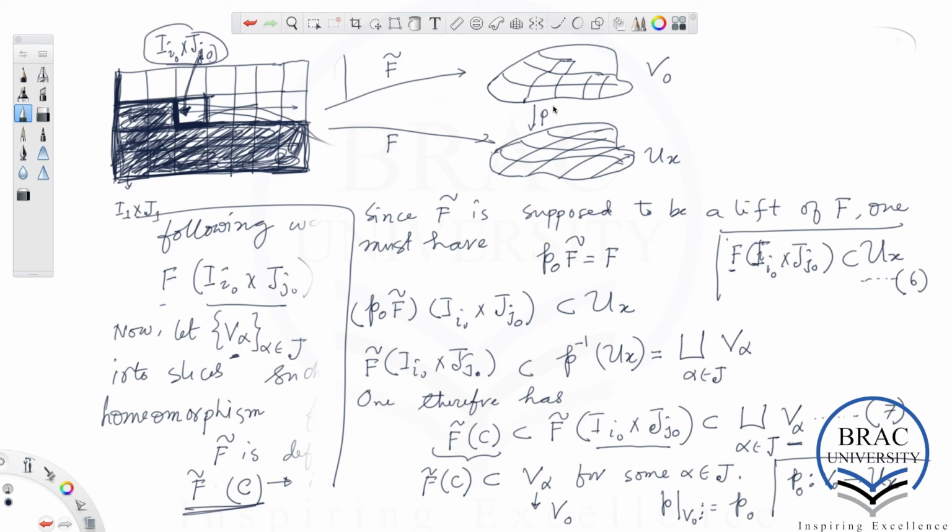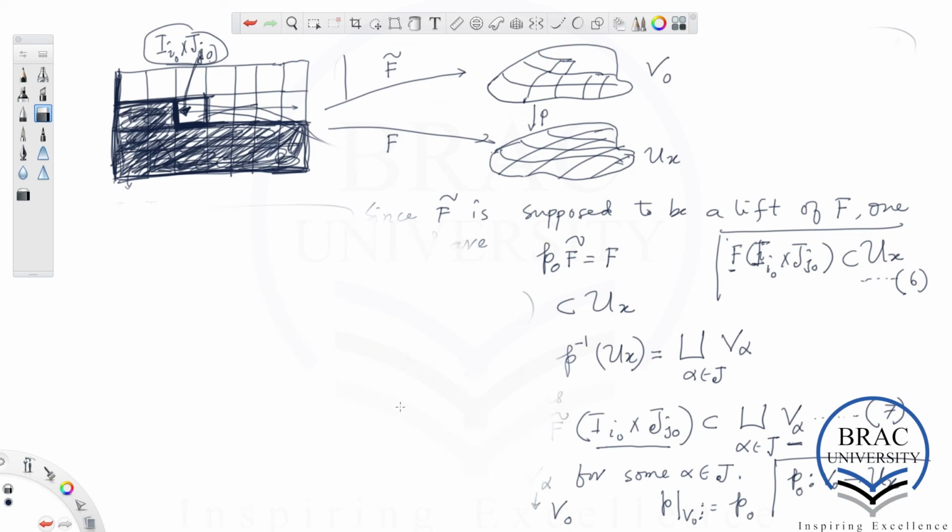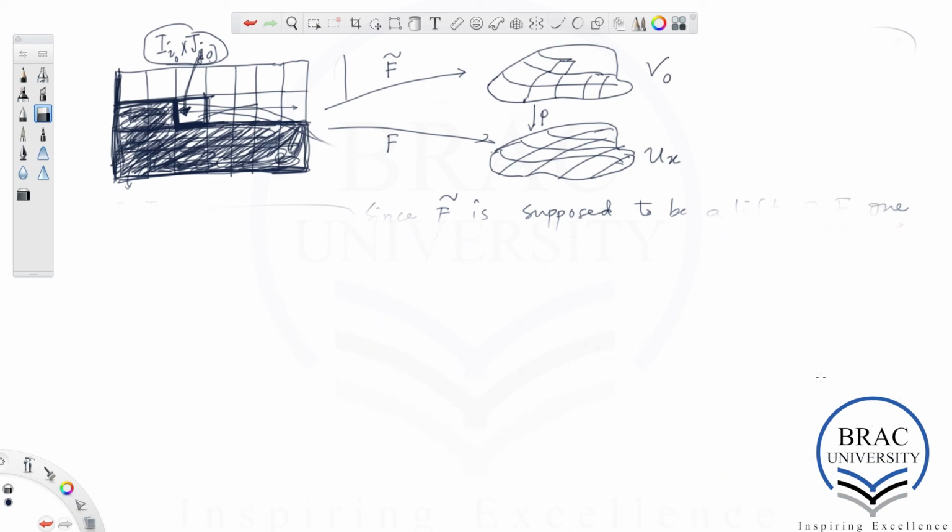Now let me erase a part because I need room. I don't want to erase the diagram. I keep the diagram.